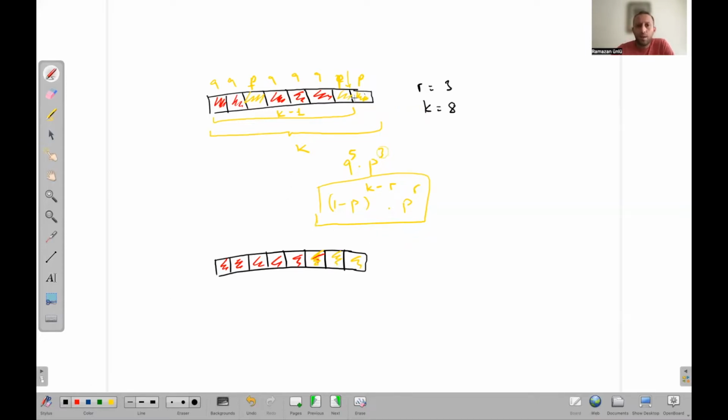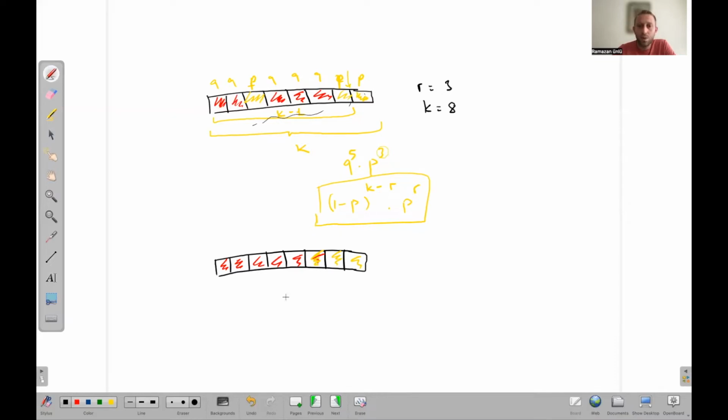If the last one is a success, that means I have to get r minus 1 successes in k minus 1 trials, right? So in this part, I have to get 2 successes if this is the last one.